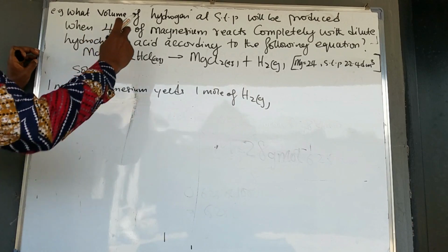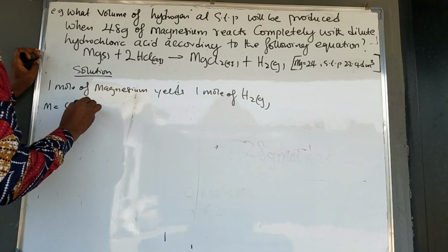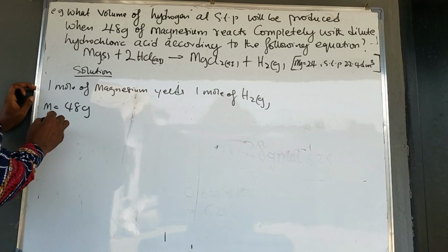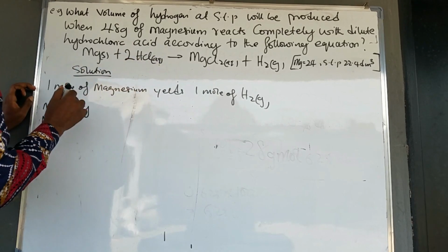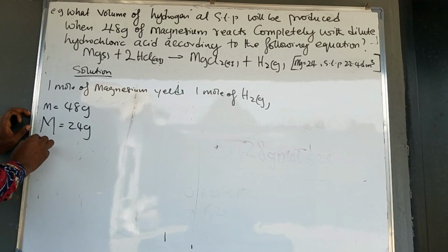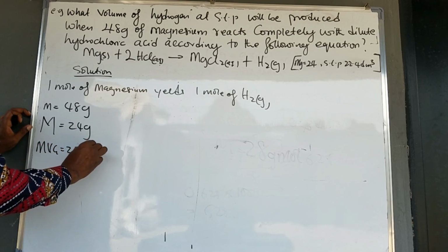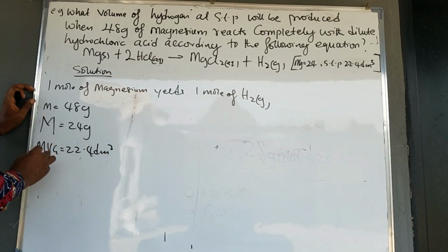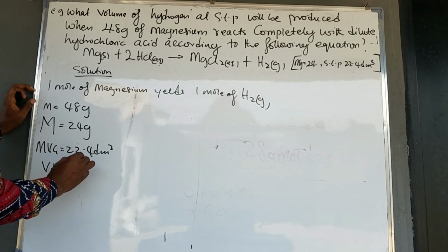Now, remember that in this case, we are given small m as 48 gram, and big M of magnesium as 24 gram, and we are also given the molar volume of gas as 22.4 dm³, and we are actually looking for V, the volume of the hydrogen gas in dm³.